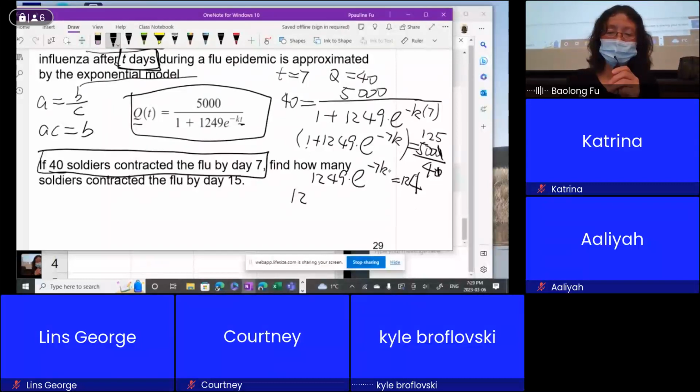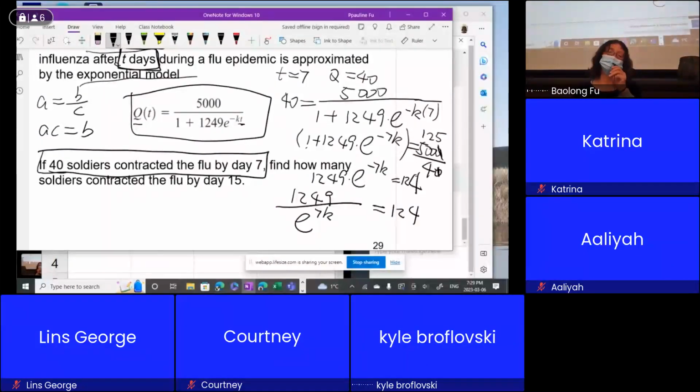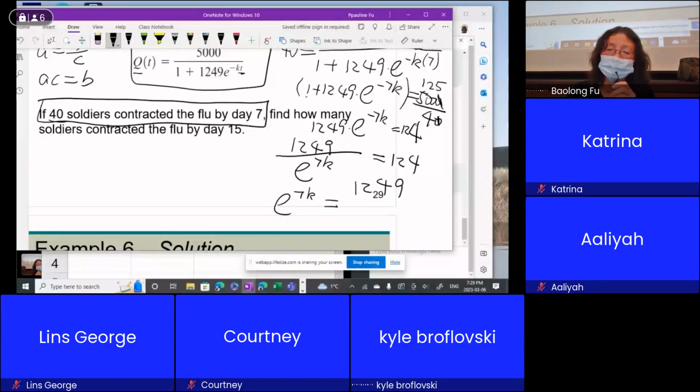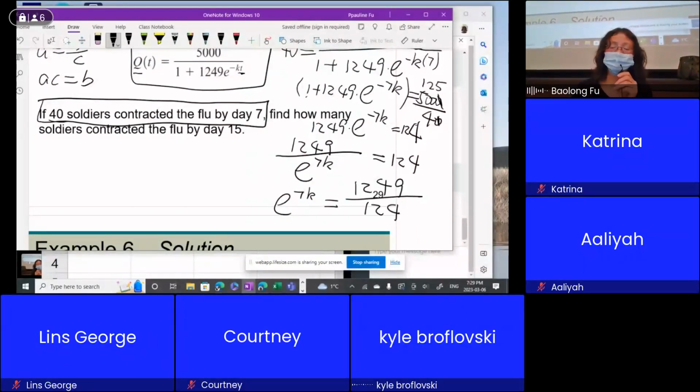I will write down positive 7K here, equal to 124. Then e raised to positive 7K equals 1 divided by 124. So I need to know what this number equals.